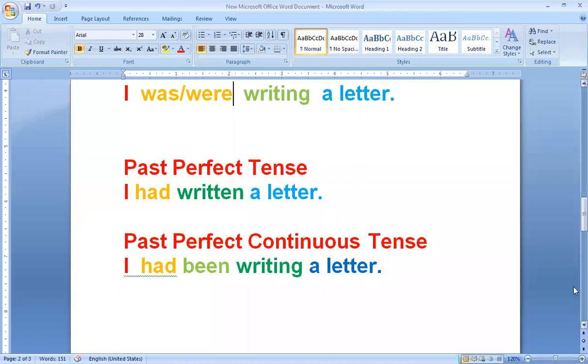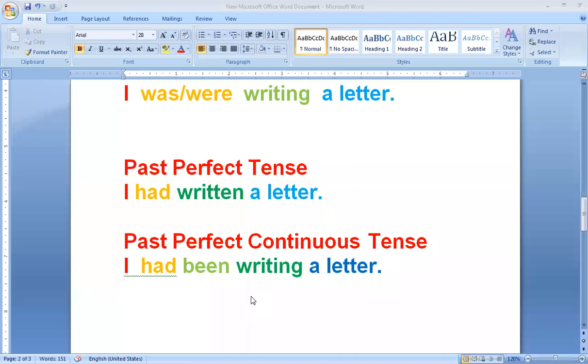Dear students, today we have completed the present tense and its subtenses.